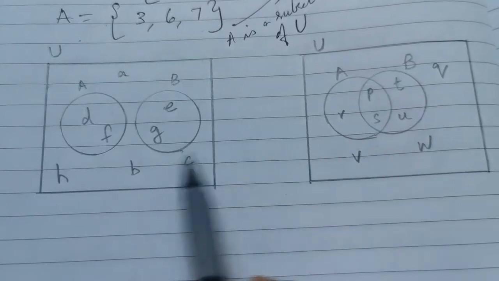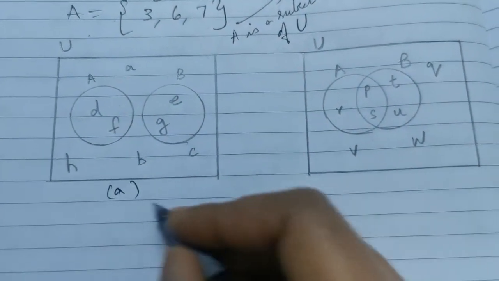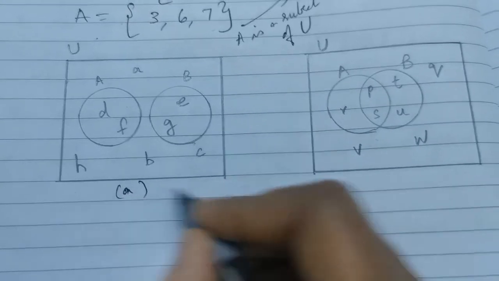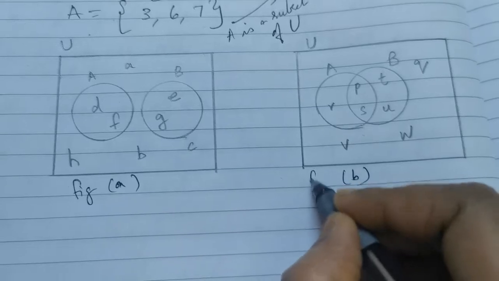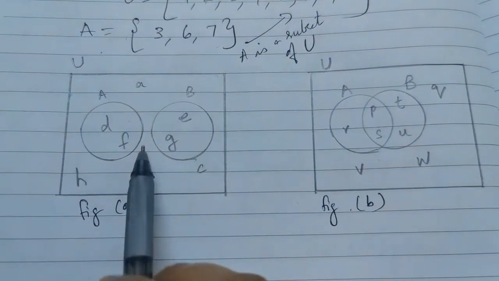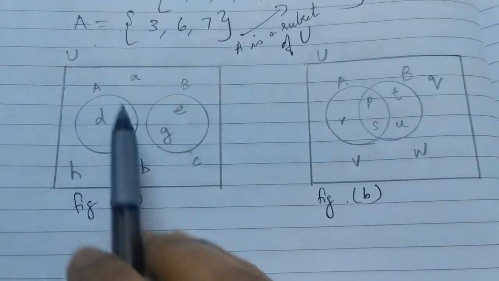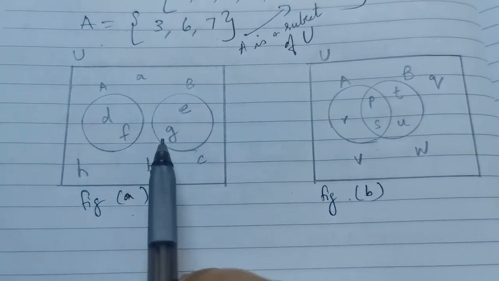Now I have two Venn diagrams here. In figure A, there is a rectangular box and two circles which are not intersecting.